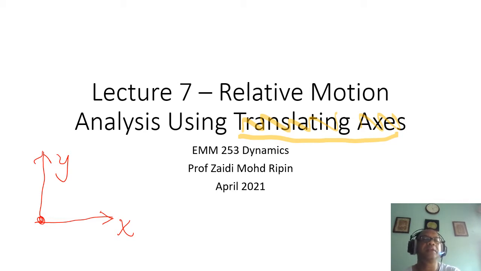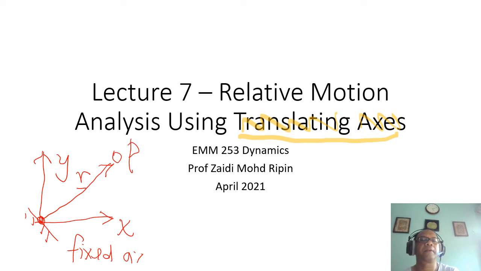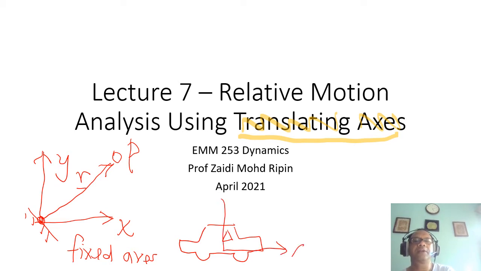So let's say this is a particle P and we have this position vector R. This is usually fixed, so this is a fixed axis. What happens if the axis is moving? Let's say you are on a car or on a platform and you are moving or translating.